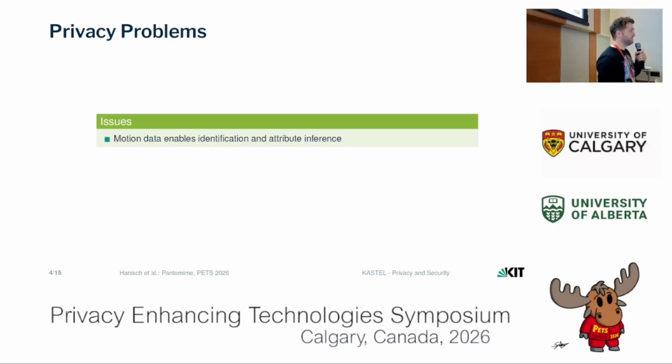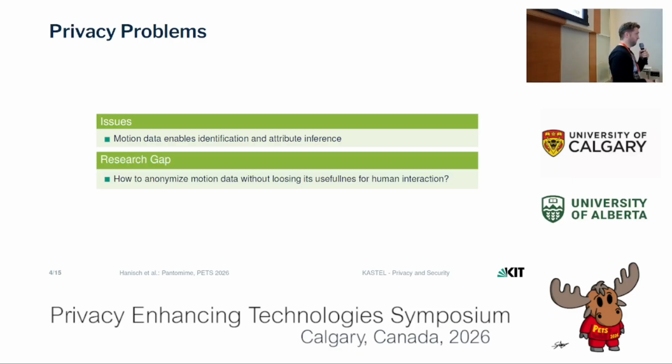Now, this gives us, sadly, a privacy problem because motion data itself is a behavioral biometric, and we can use it to identify people and to do attribute inference. For example, from walking data, we can identify people very well, and we can also infer attributes like age and gender. So there's an issue when we use this data for things like the metaverse.